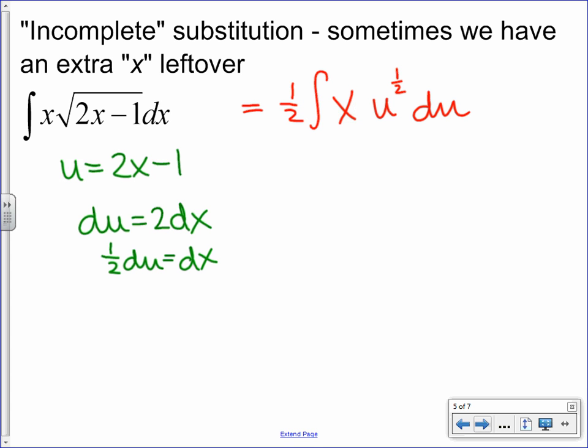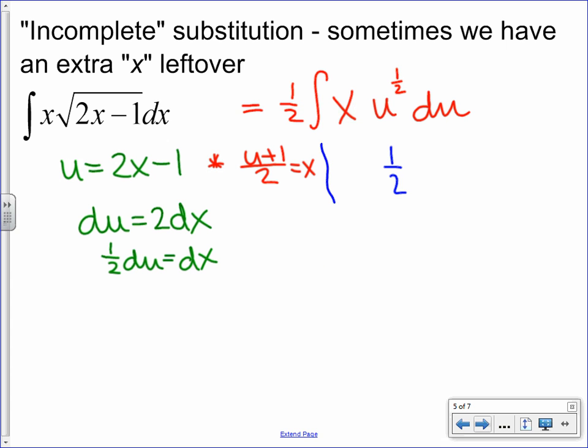Okay, we have this relationship right here. Can we write x in terms of u? We sure can. We can add 1, divide by 2, and then that would solve for x. We're just going to have to do a little bit more rewriting.